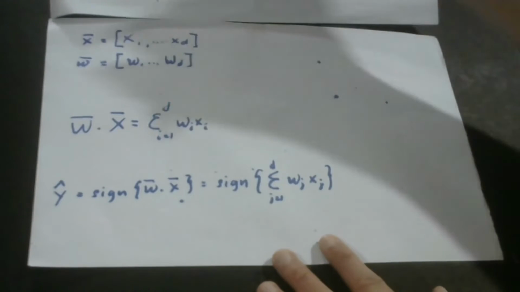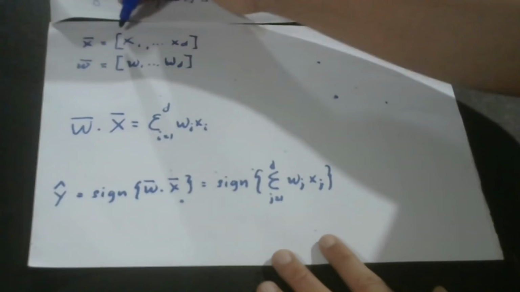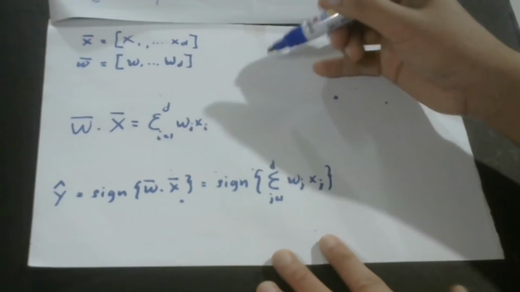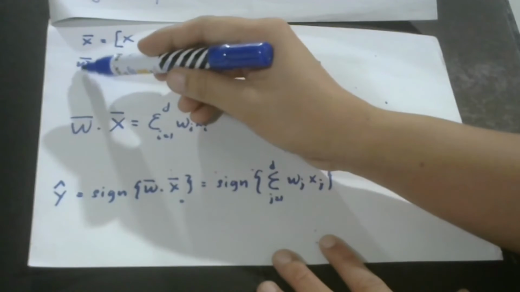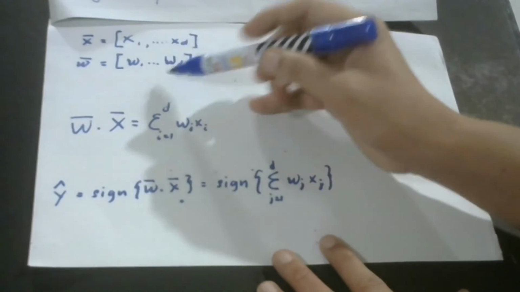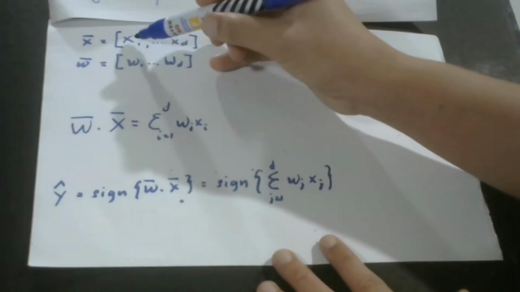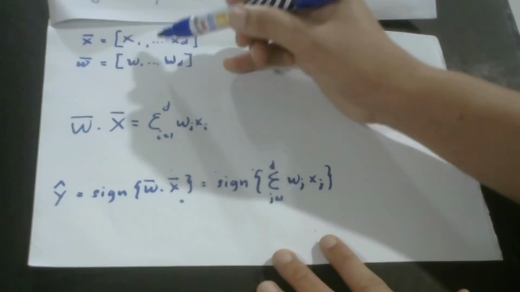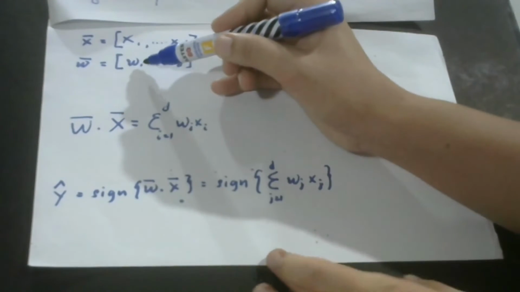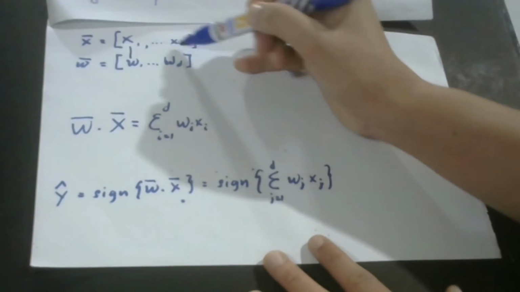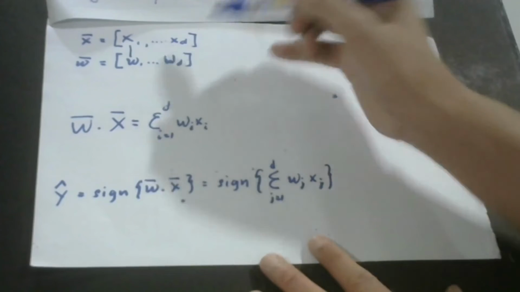As I have said, x prime represents the different features that are involved in a certain case, and w prime is a weight that is attached to a certain x. So for example, x1 is mapped to w1, x2 to w2, and so on.